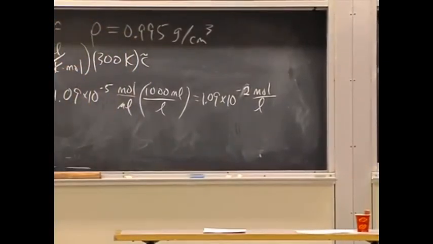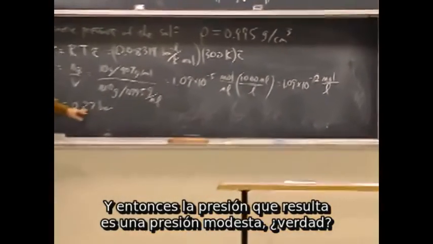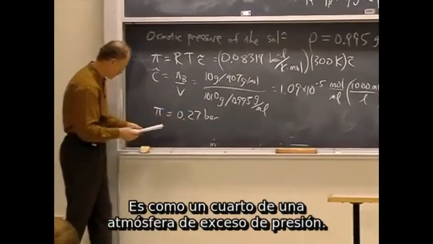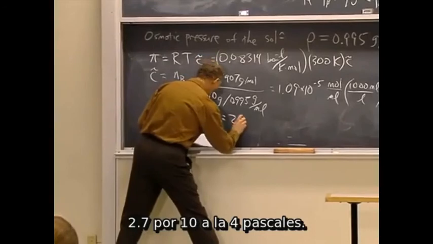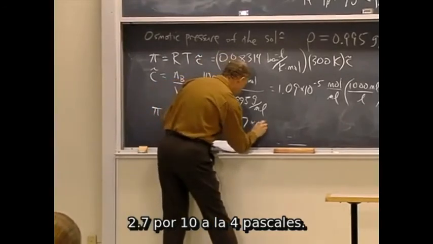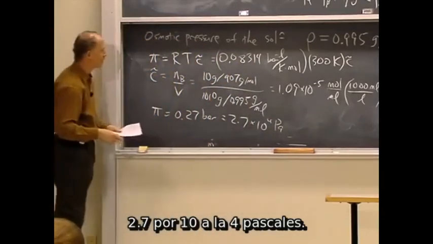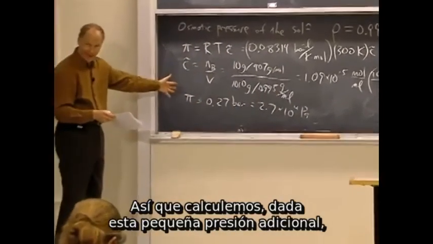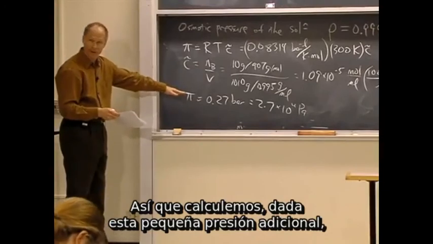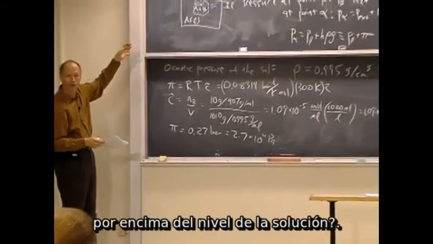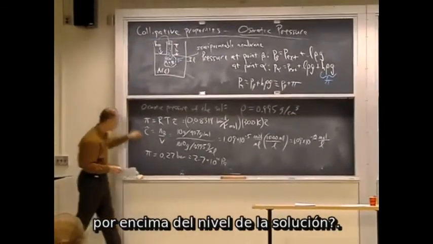Yes. All right. And so the pressure that results is a modest pressure, right? It's about a quarter of an atmosphere of excess pressure, 2.7 times 10 to the 4 pascals. So let's just calculate, given this small additional pressure, how high is the liquid going to go above the level of the solution?